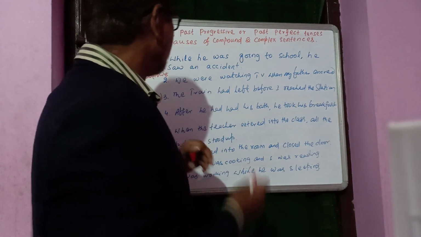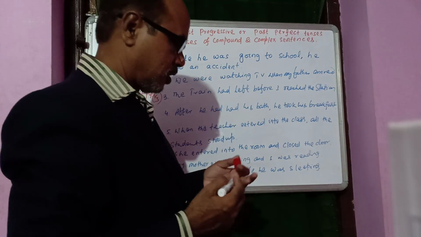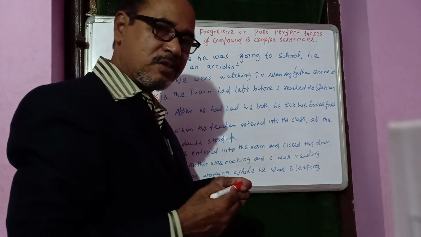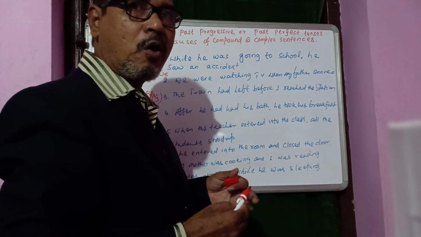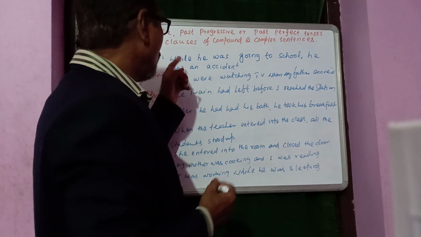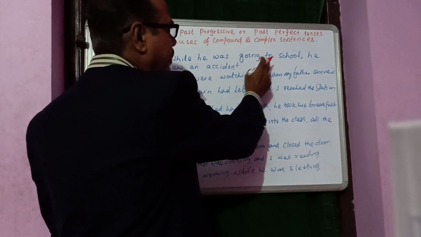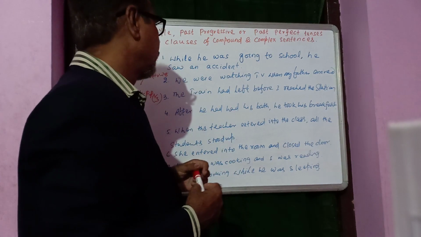Now come to learn the examples, how different past forms of tense are used in different clauses of compound and complex sentences. You see, first, while he was going to school, he saw an accident.